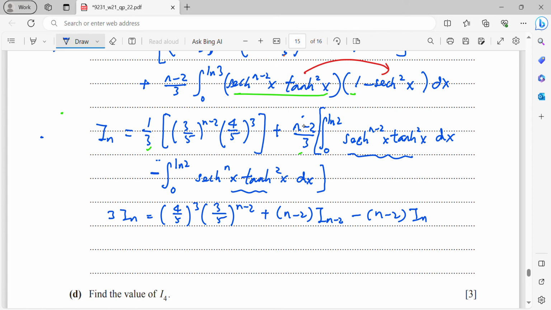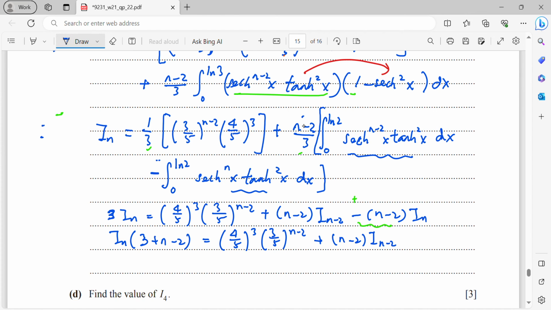So now the I_n will move to the left hand side, so the I_n I will write 3 plus n minus 2, because this is minus, so when you move there, this is plus, then just copy back the n minus 2. Then I will write it is 4 over 5 cubed, 3 over 5 to the power of n minus 2 plus (n minus 2) I_(n minus 2). So now I simplify.